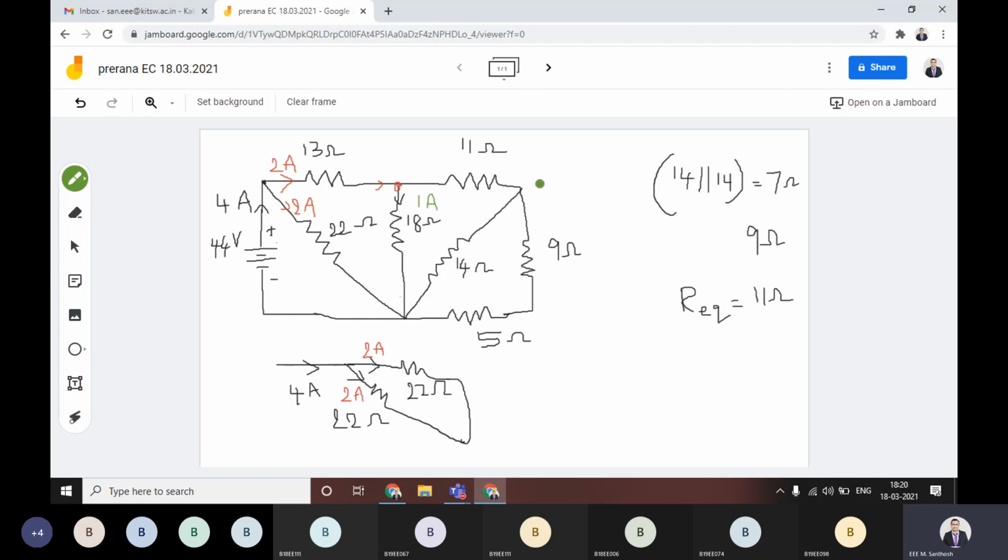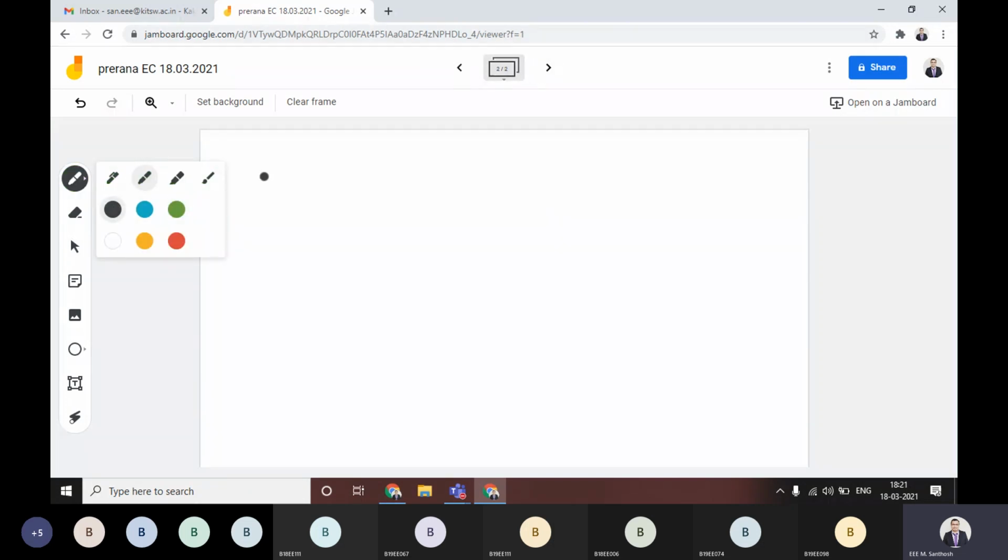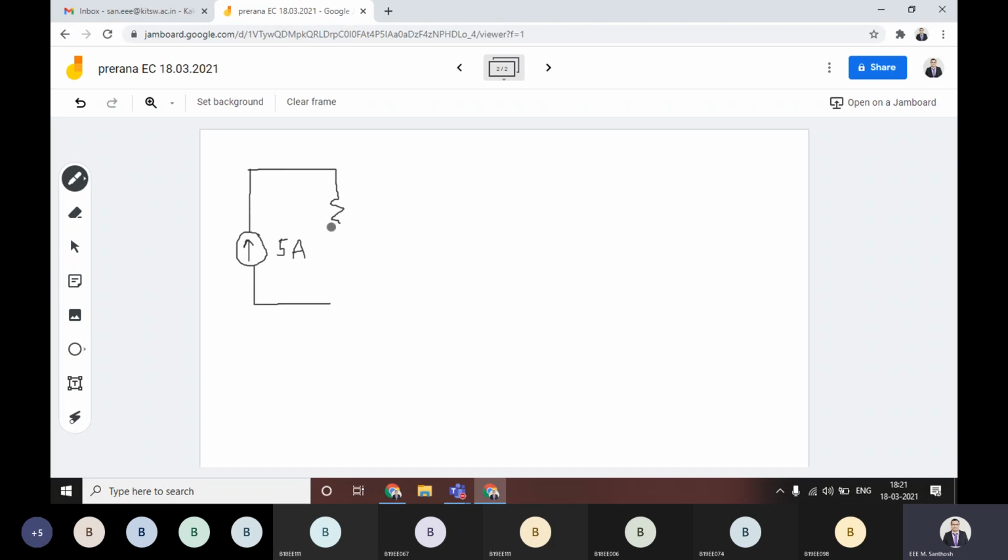The next one you note down. This is the circuit with 5 amperes current source and there is a resistance which is equal to 2 ohm, and there is another resistance which is equal to 10 ohm.